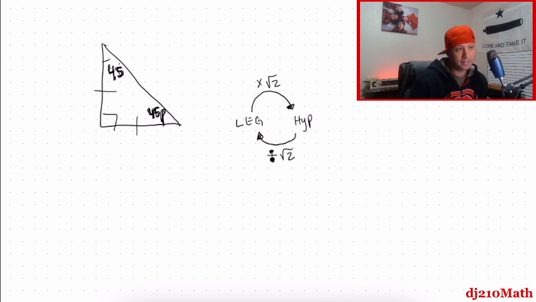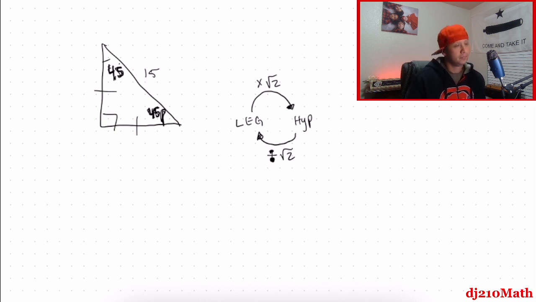Now, I get it. This is not the purpose of this video, teaching you triangles. It's how to divide by root 2. So if we know that the hypotenuse, and I'm just throwing some numbers out there, let's say this is 15, and I want to know what the leg is. Well, in this case, we would have to divide by root 2. There's really no other way.